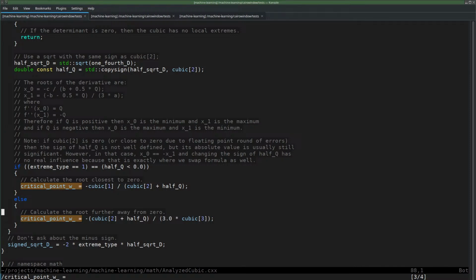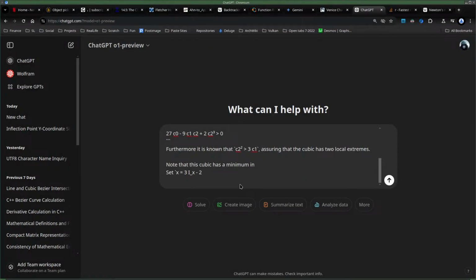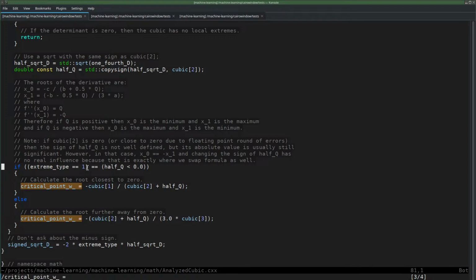Okay, now we need to know which branch is being taken here. The extreme type that we passed was, well, we're talking about a minimum here, so extreme type is equal to -1, so this is false. And the half Q has the same size as C2.